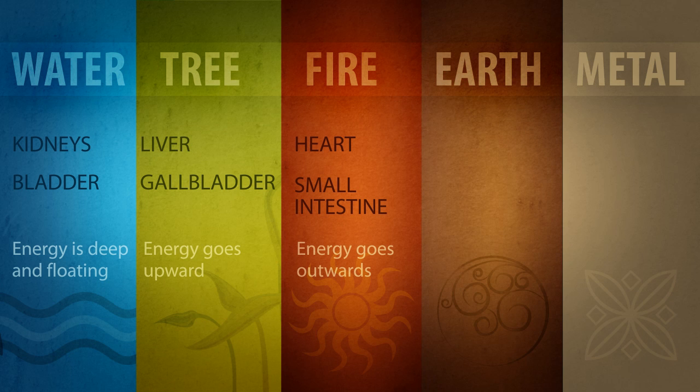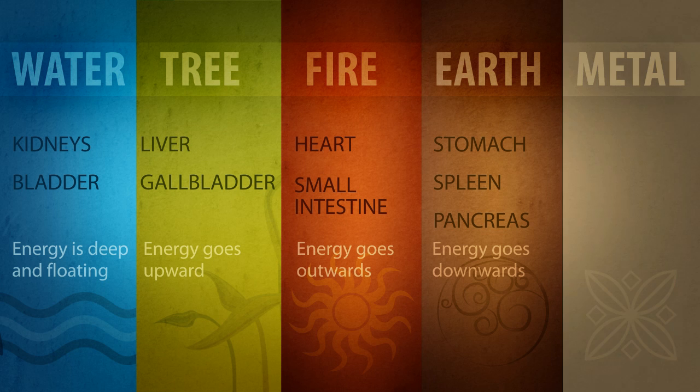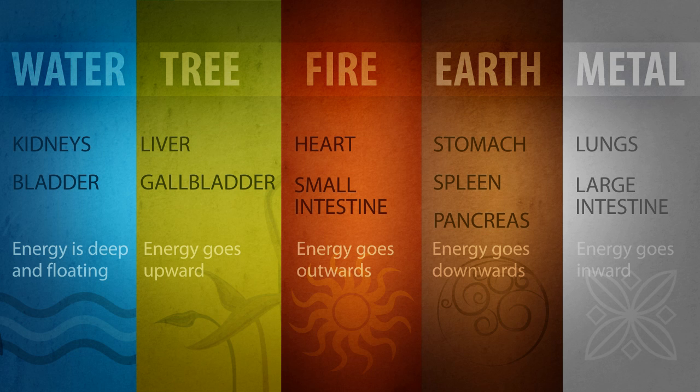The earth energy, this descending energy, particularly nourishes the stomach and the spleen and the pancreas, because this is nourishment coming into the body, and the stomach and the pancreas are to do with dealing with nutrition. And then the metal energy particularly nourishes the lungs and the large intestine, because both of these organs need this much more contracting energy.